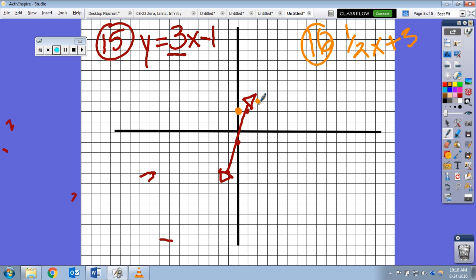I did 2. Oh no, you want to do the undo. That works. So that's where the y intercept is. Up 1 over 2, and then opposite. Beautiful.